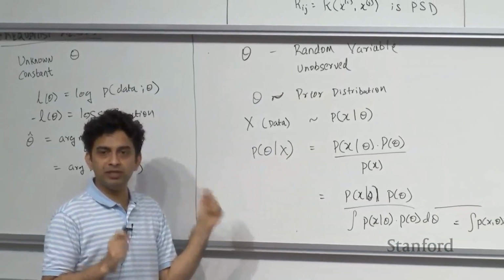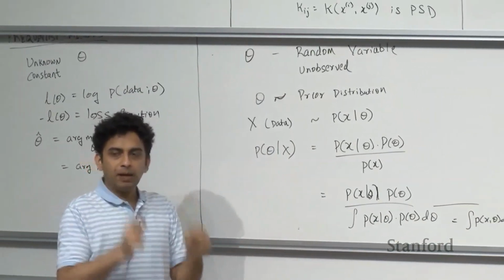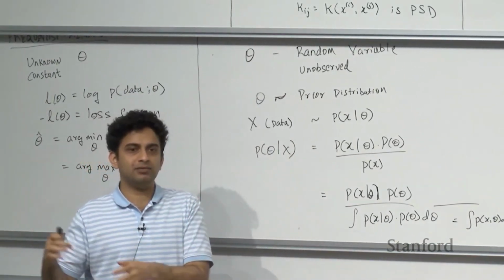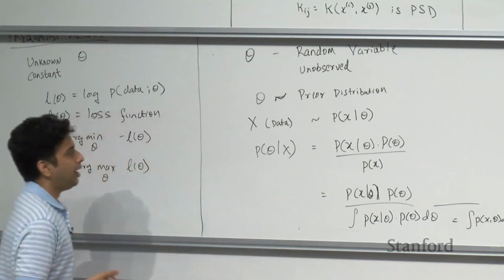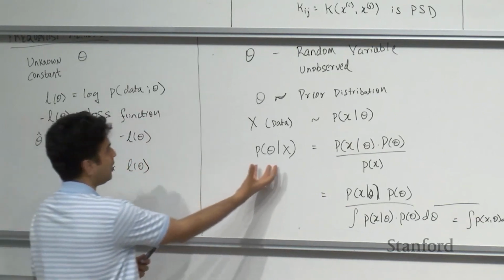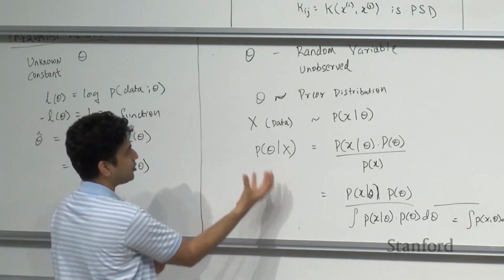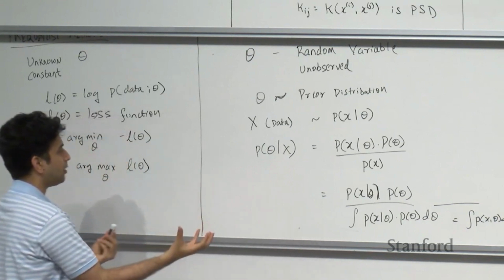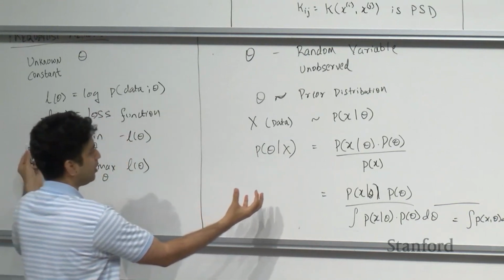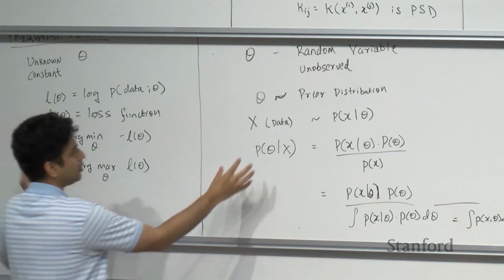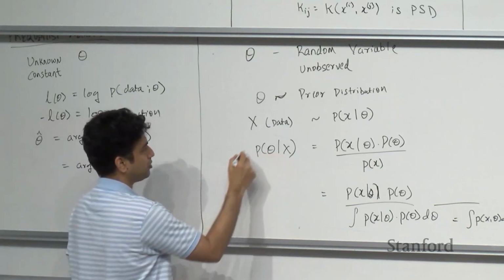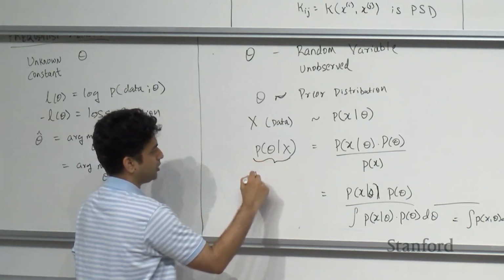All that we do in Bayesian methods is apply Bayes rule, which is why it's called the Bayesian method. Okay? And this is essentially the counterpart of performing maximum likelihood estimate. Here we calculate the posterior distribution. So this is called the posterior distribution.